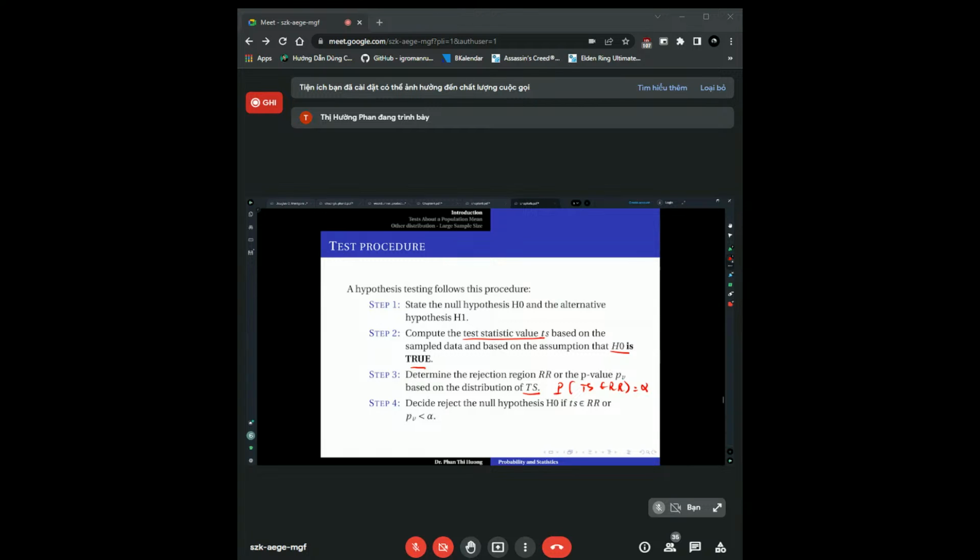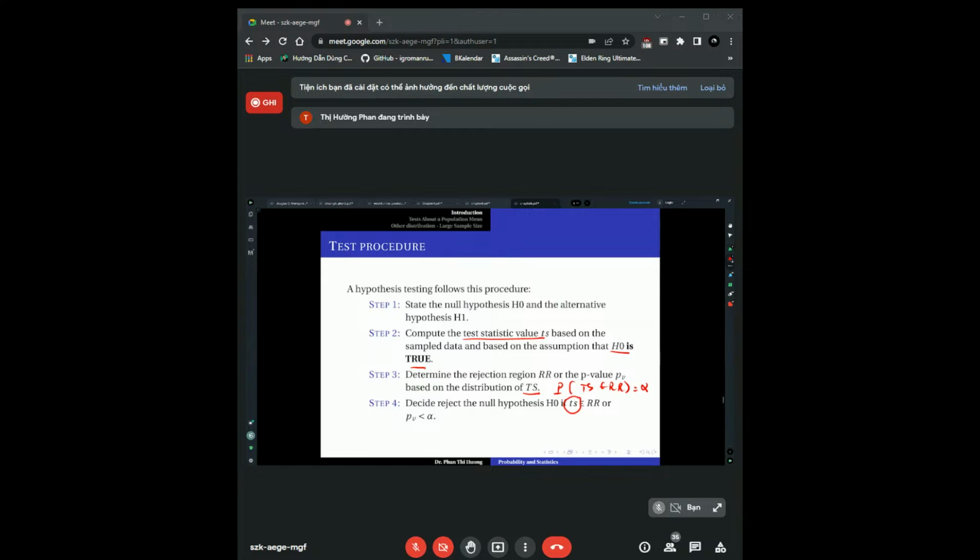And finally, make conclusions. If the test statistic value belongs to rejected regions, we reject H0. If it doesn't belong to rejected regions, we won't reject H0. This is the general procedure.